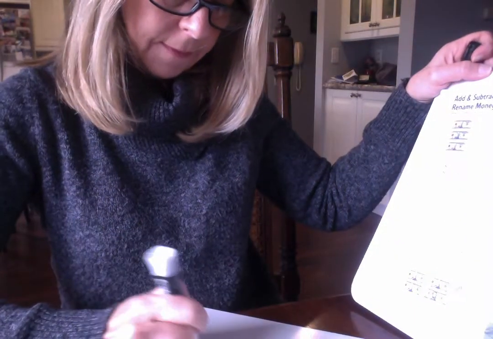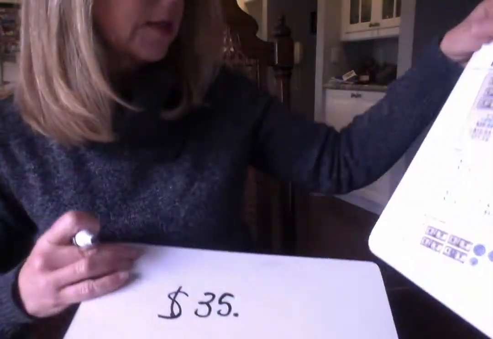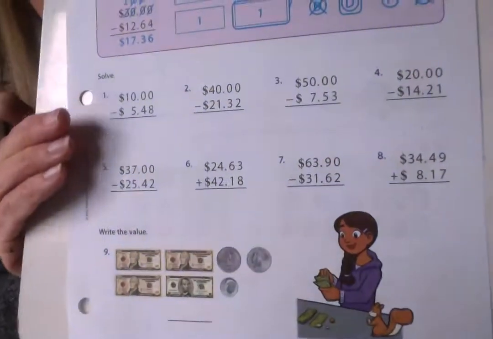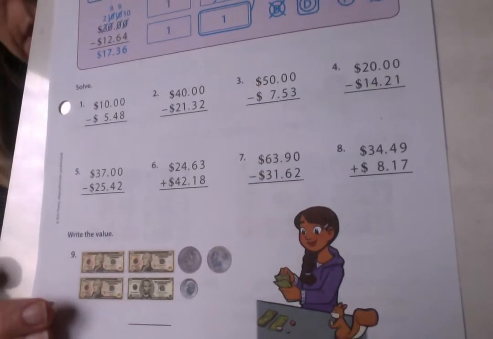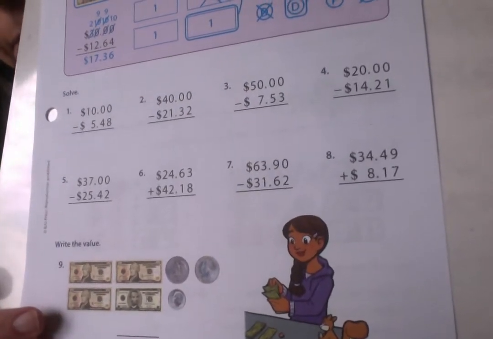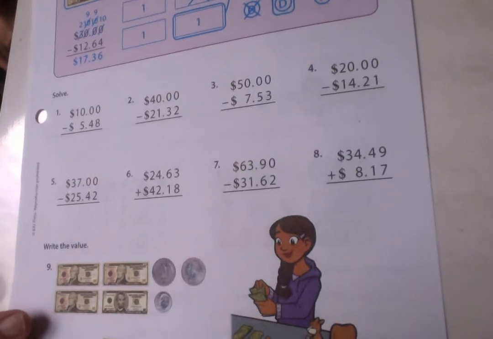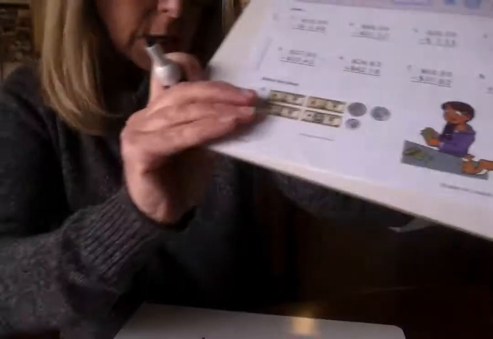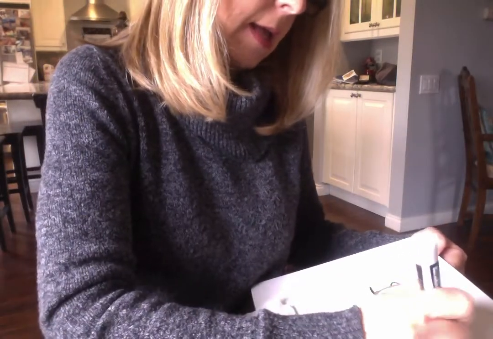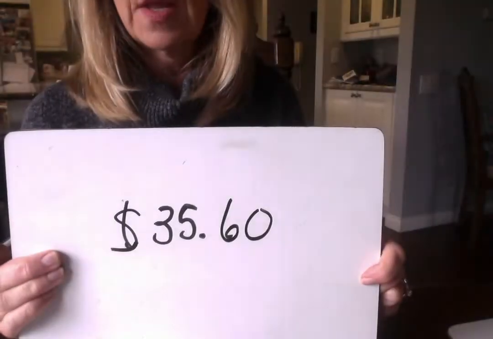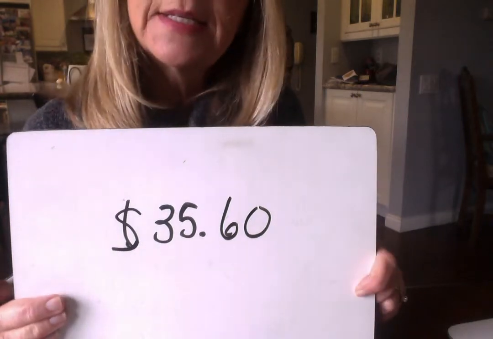Okay, so $35, and we've got 2 quarters and a dime. So how do we count the quarters? We say 25, 50, and then add on 10 to that. So you should have $35.60.